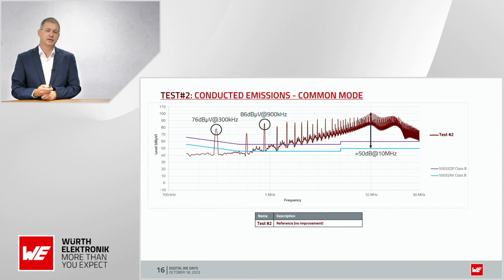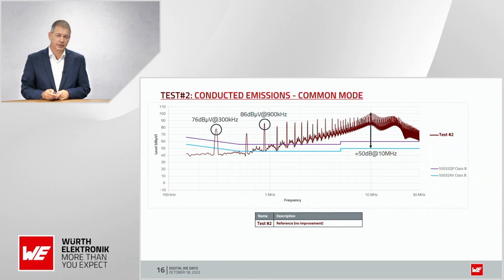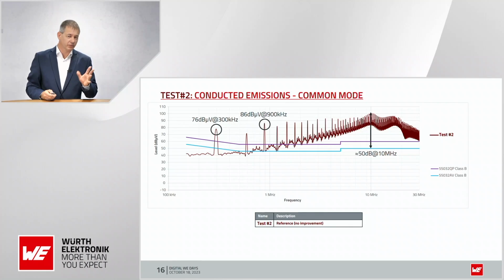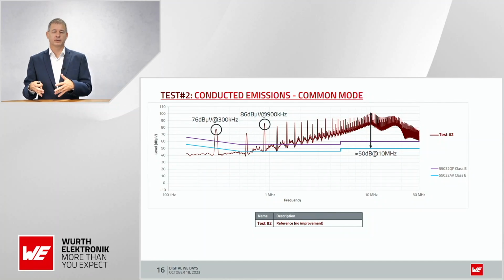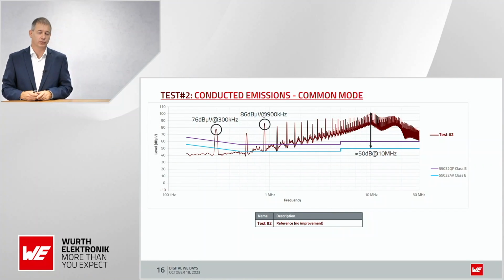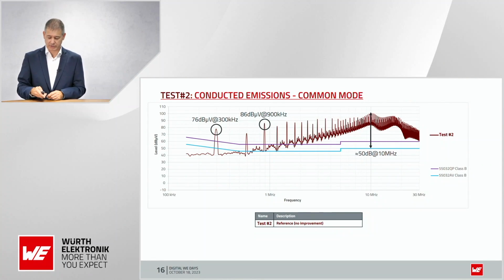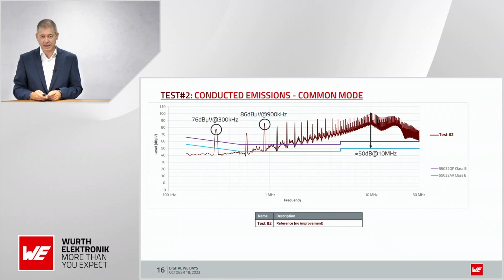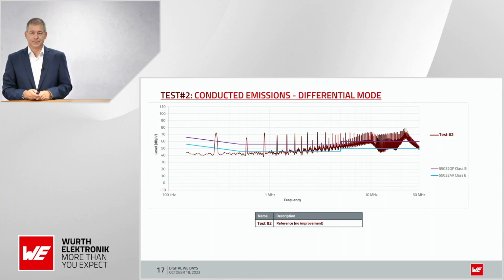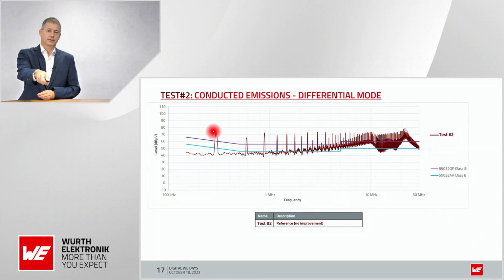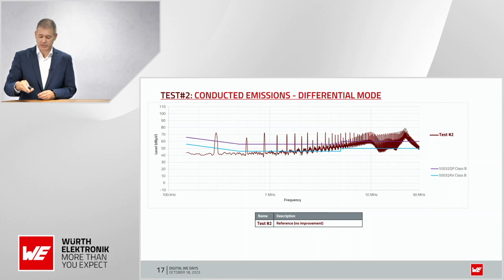And we have a little less noise, 76 dB microvolt at 300 kilohertz. That's because with the common mode we also have the differential mode noise, and we get a little higher level if we measure both together. The differential mode looks like so. We have here also the 300 kilohertz, and the peak at 10 megahertz.